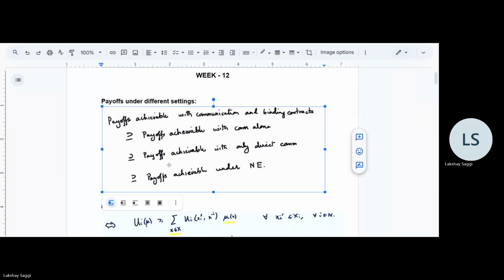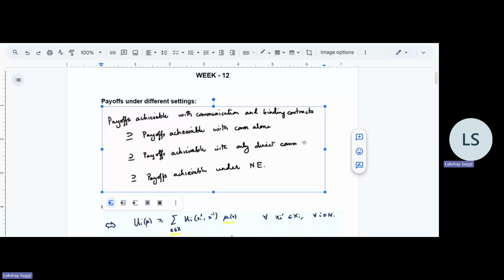And this was discussed in the week's lectures also, that what kind of payoffs are achievable with only direct communication. It's just the convex hull of all possible Nash equilibriums. So we know that without communication, the only payoffs which can be realized are the payoffs under Nash equilibrium.